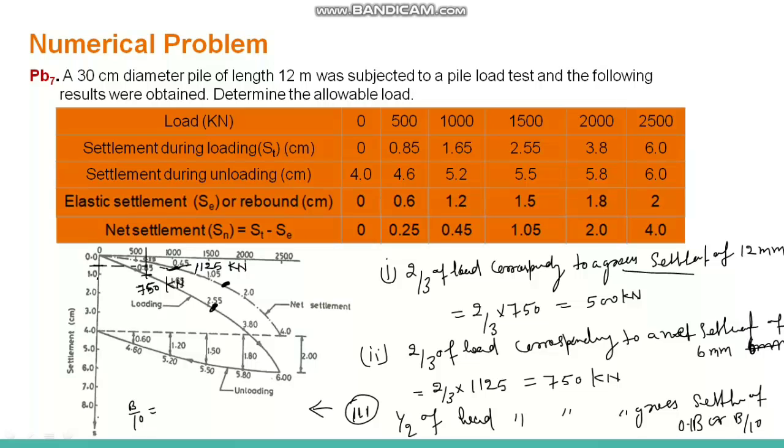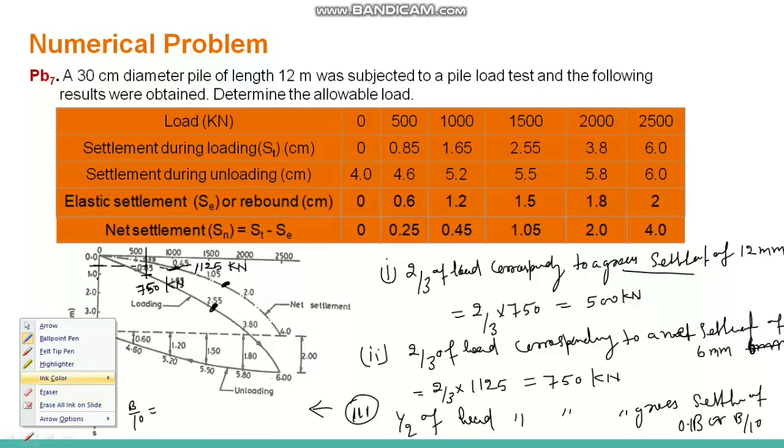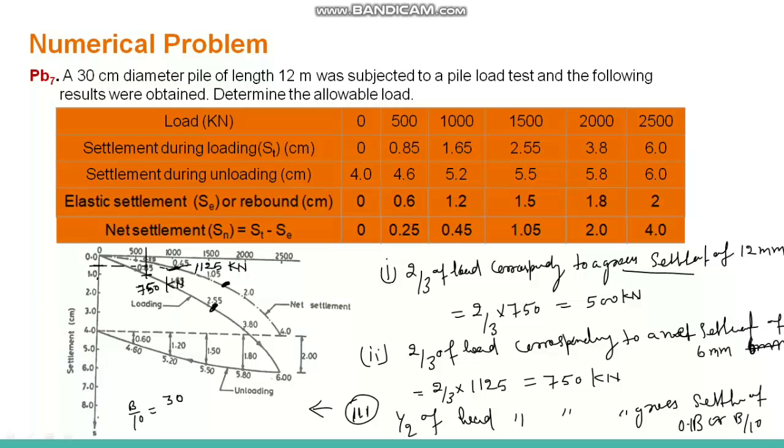B is given, that is 30 centimeter. 30 centimeter divided by 10 means 3 centimeter. So we have to see the load for 3 centimeter on the gross settlement curve. It is coming 1700 kilonewton for 3 centimeter settlement, right?